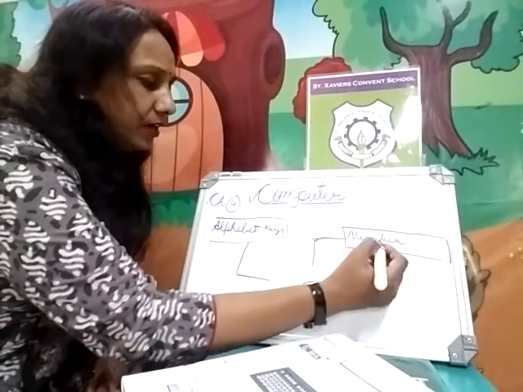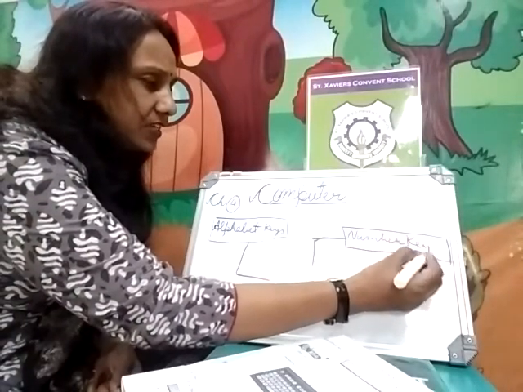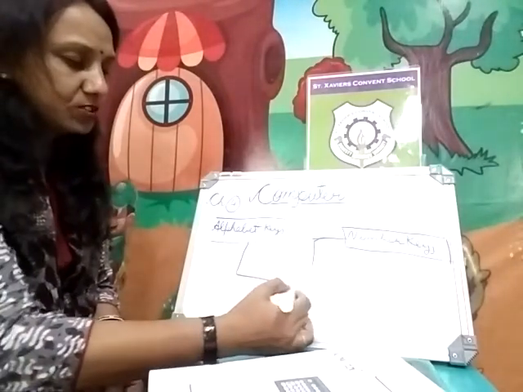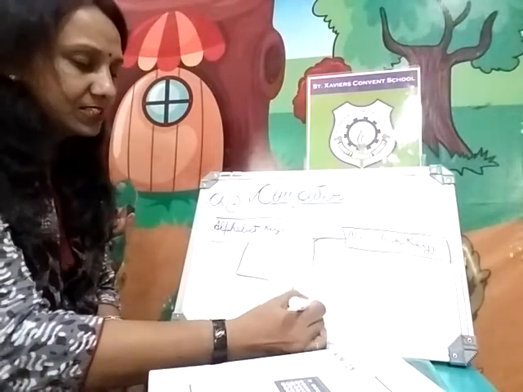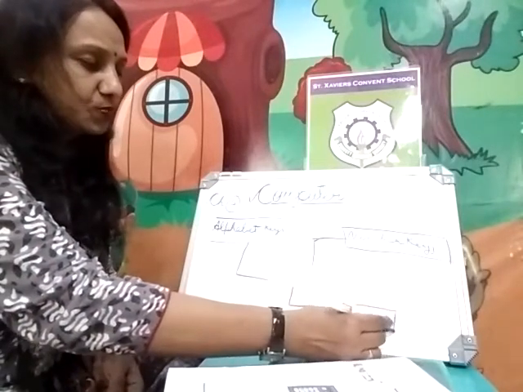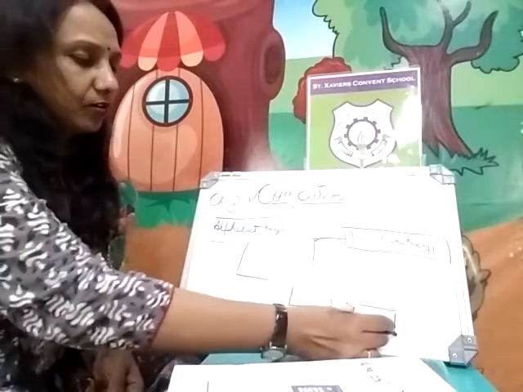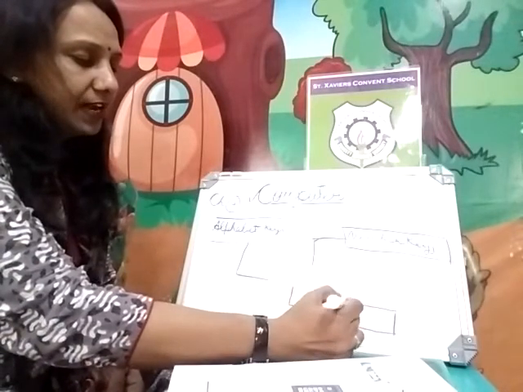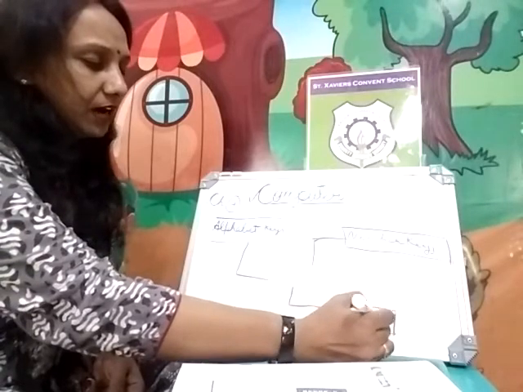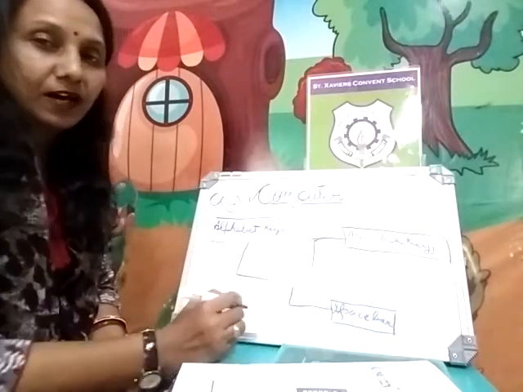N-U-M-B-E-R, number. K-E-Y-S, keys. Here at the bottom, the middle part indicates which key? Space bar. What will you fill here? S-P-A-C-E space, B-A-R, bar, space bar.